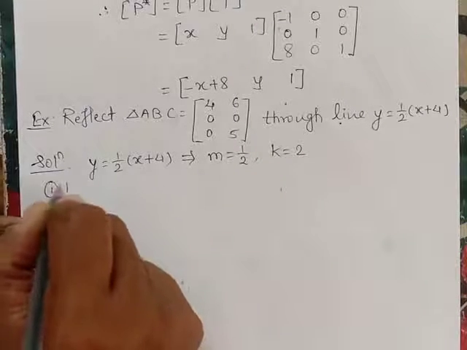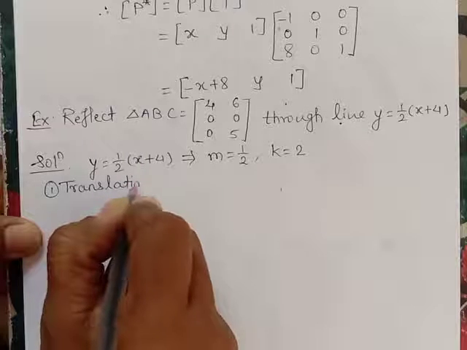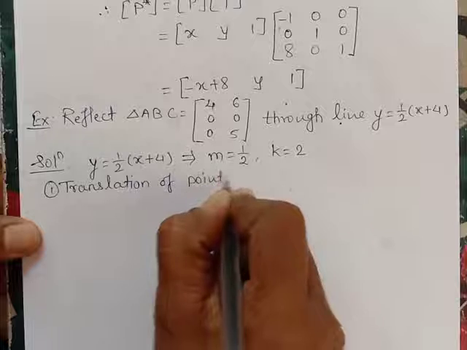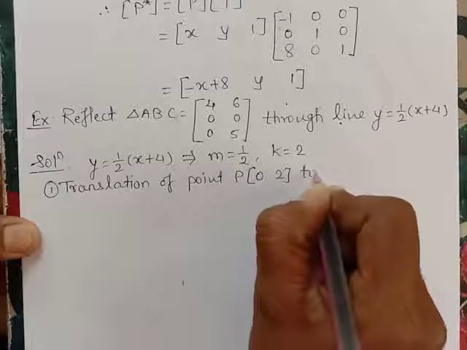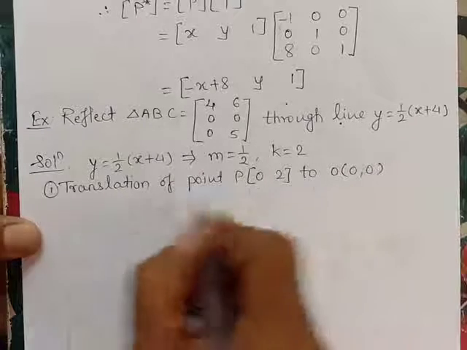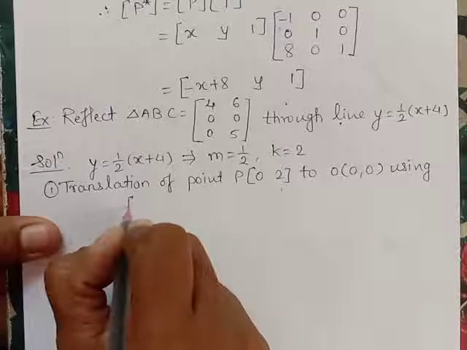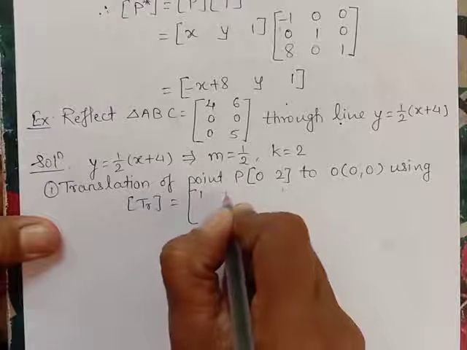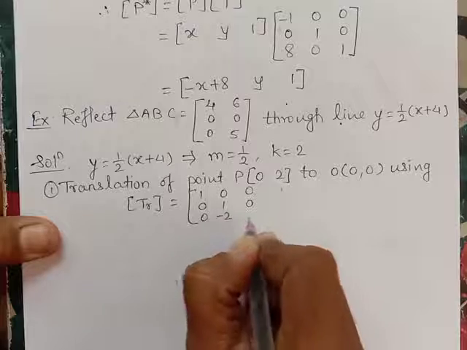So first, translation of point P(0, 2) to the origin using the translation matrix, that is 1 0 0, 0 1 0, 0 minus 2 1.